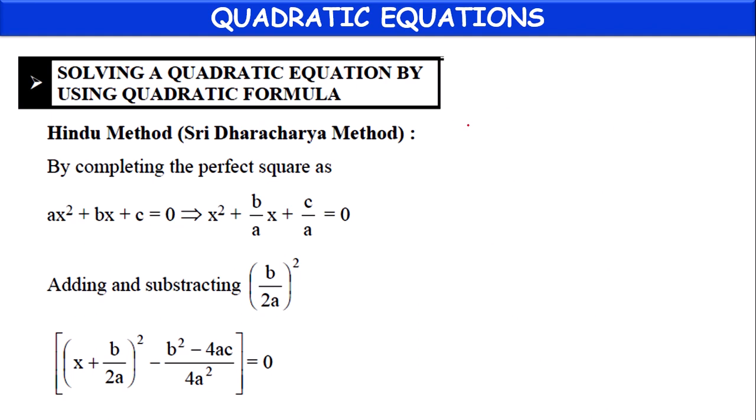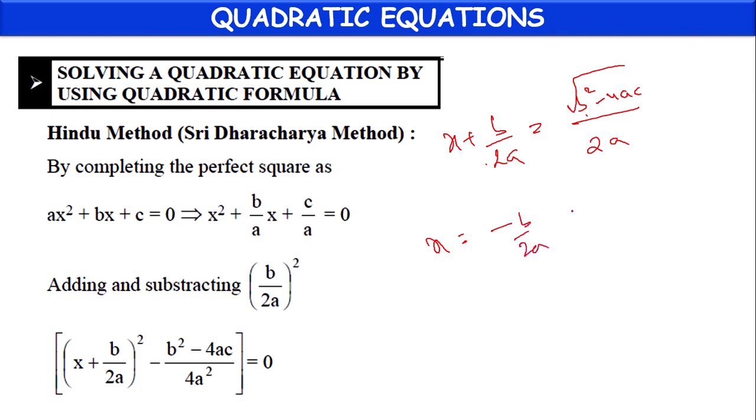So after simplification, x plus b by 2a equal to what we are getting? Root of b square minus 4ac by 2a. If we send this b by 2a to that side, x equal to minus b by 2a plus root of b square minus 4ac by 2a.